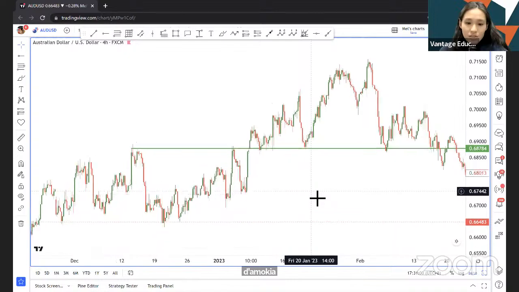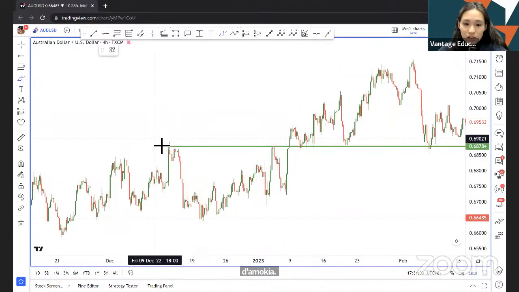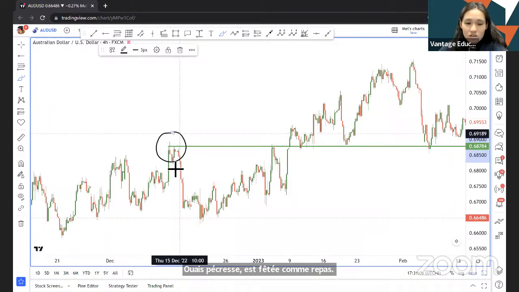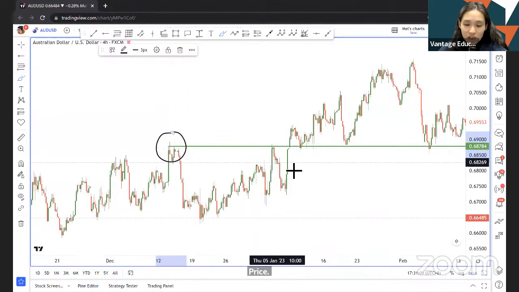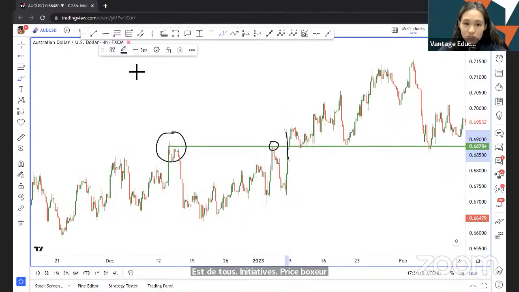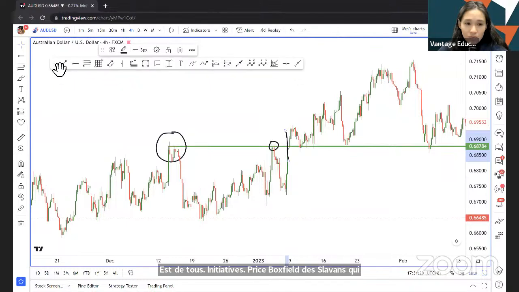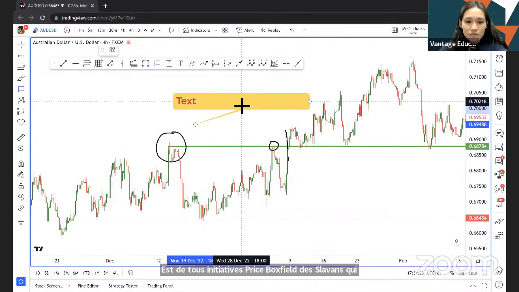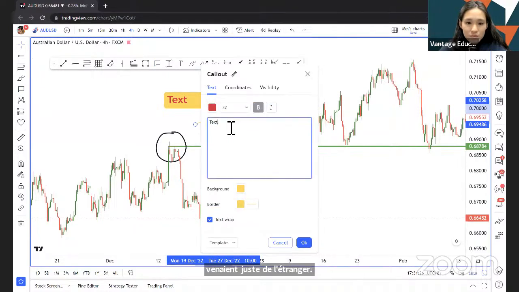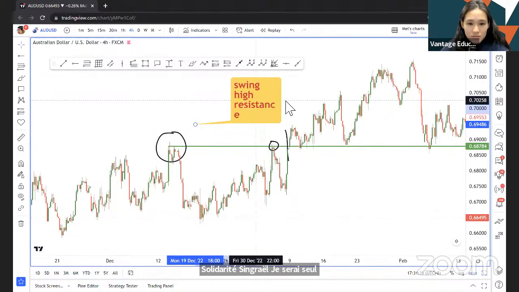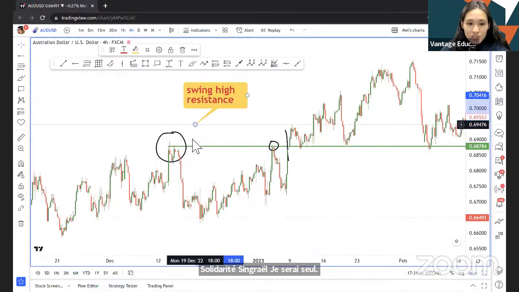Why? Because if you take a look here, this is one significant swing high, two swing highs, and then we can see price broke through this level. Let me just label it. So we have a swing high resistance here.